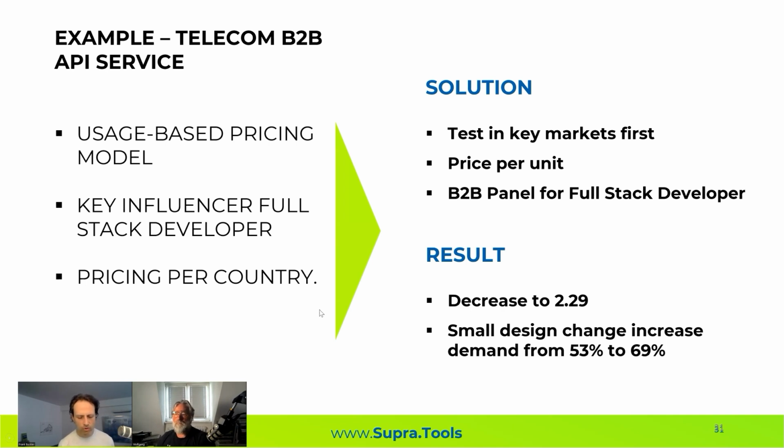The solution was to first test that in the key market, ask for the price per unit because it's a usage-based price model, and to interview full stack developers. So we simply reached out to full stack developers using a B2B panel.